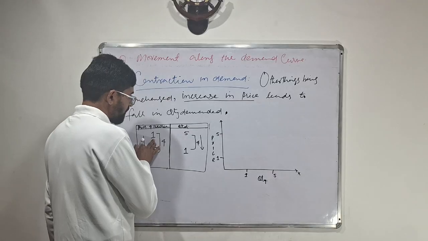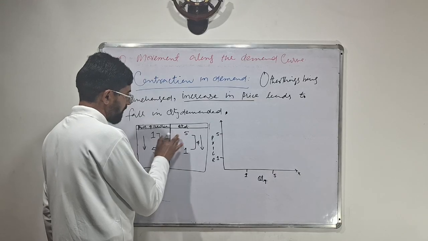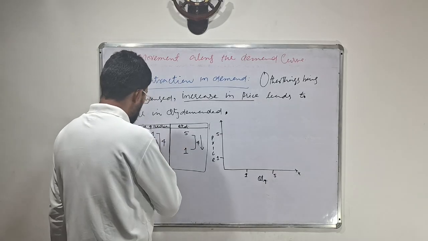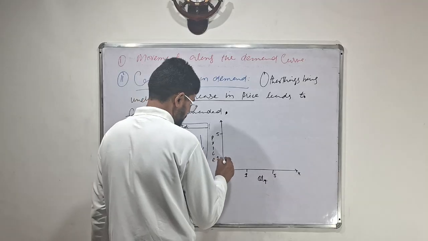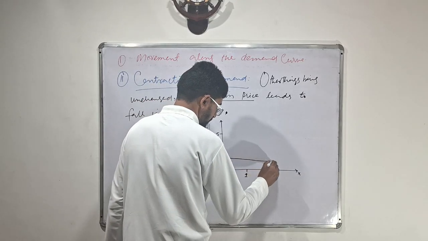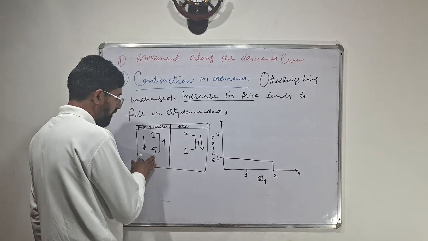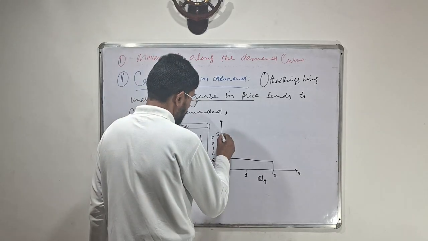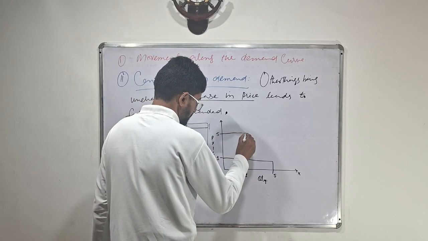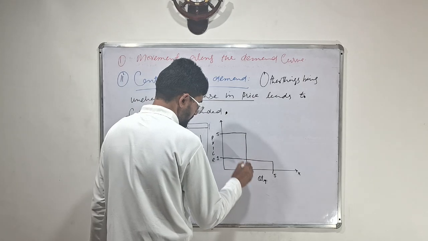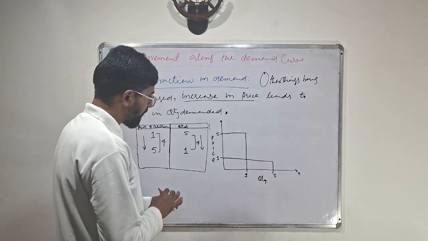At price 1, the quantity demanded is 5 units of ice cream. Similarly, at price 5, 1 unit is demanded. Now, I will draw the demand curve.